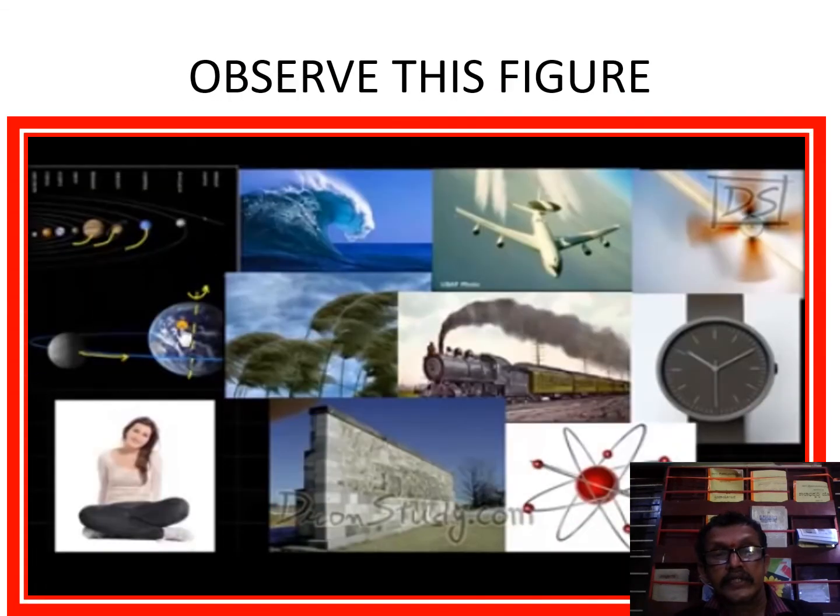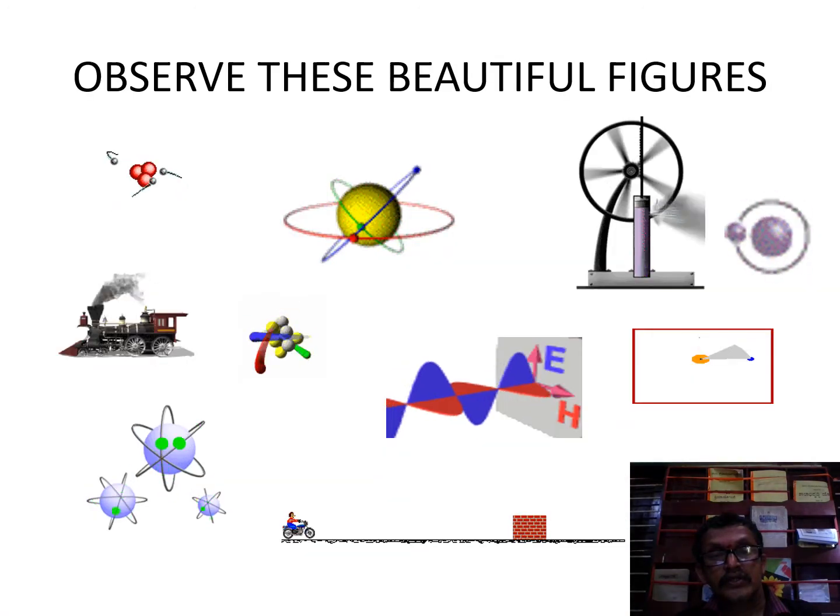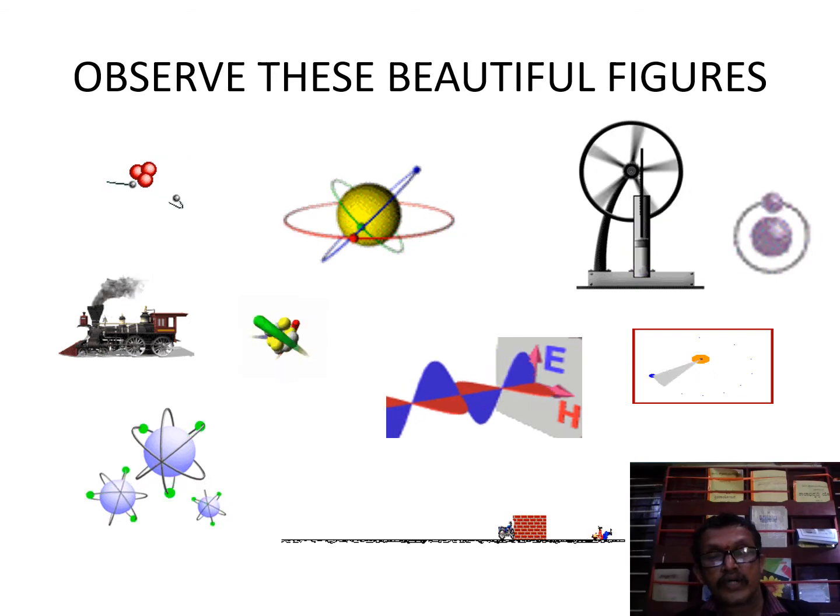Observe here in this figure, so many figures are there which are moving. Just observe whether you have listed these examples or not. Verify your examples. Now let us see another figure which is animated. Very beautiful figure.